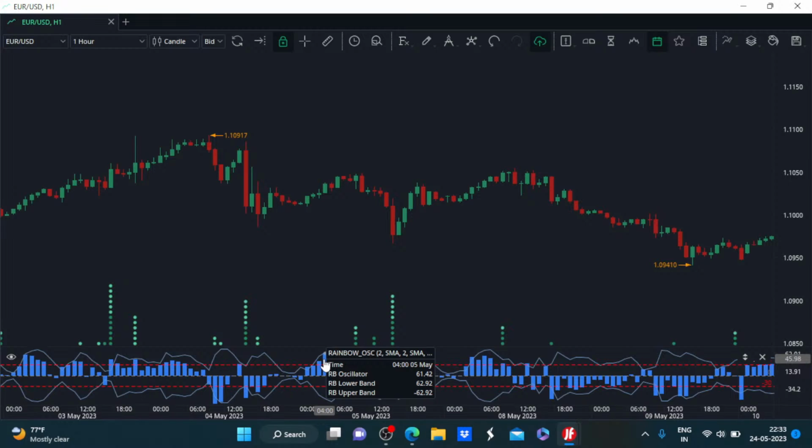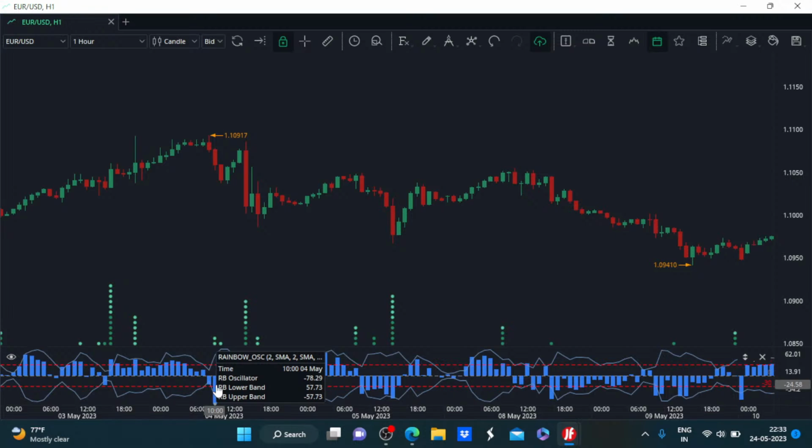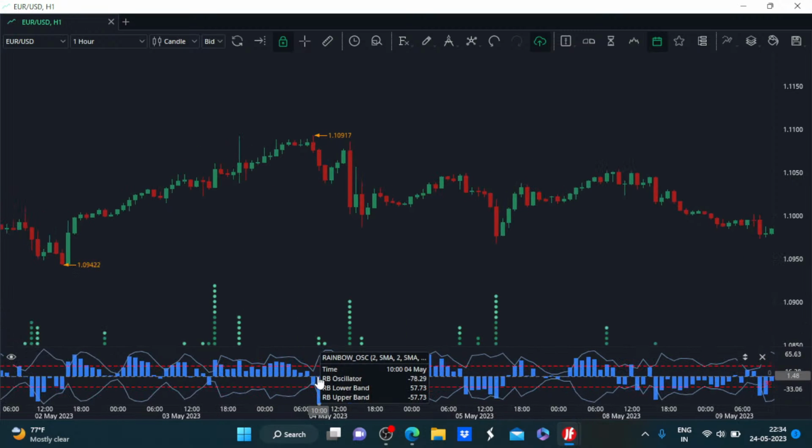So from this you can see that the extreme levels are not going to be reached frequently. Only once in a while you will see these kinds of extreme levels reached.